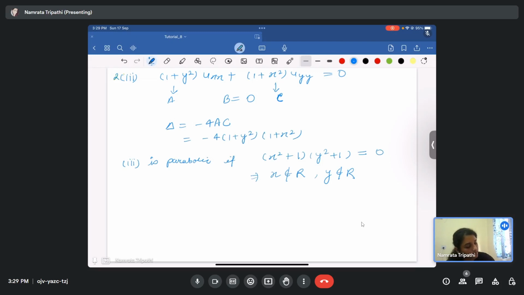So in the real plane there is no xy where the equation will represent parabolic. So you will say the equation is nowhere parabolic.